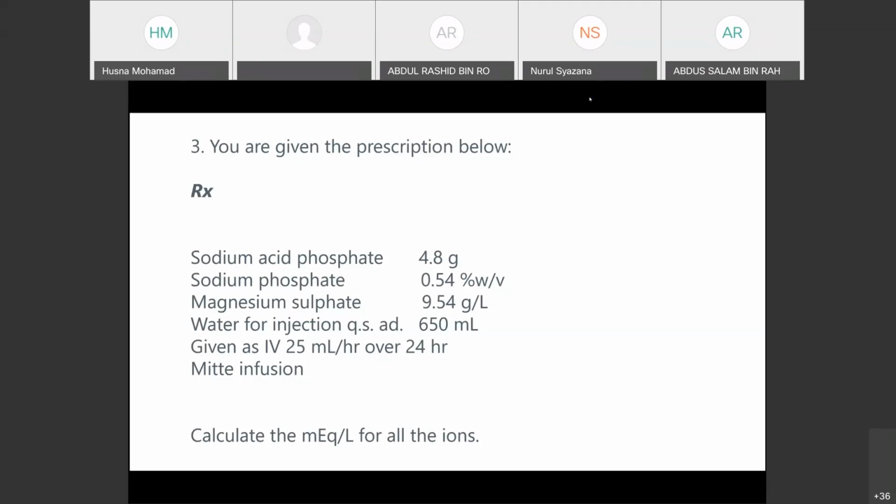I didn't even specify this is an isotonic infusion. If I specify this is an isotonic infusion, then probably in the question design I will ask you to add something to make it isotonic, or you need to know that you need to add something to make it isotonic if the calculation ends up not isotonic.